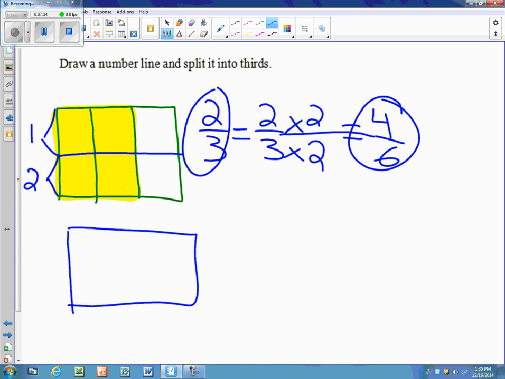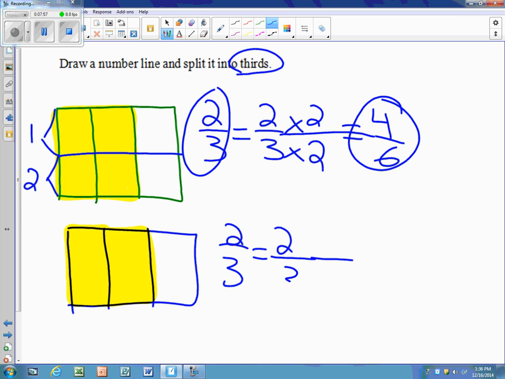So here is my square. We're splitting into thirds, which tells me to split into 3 pieces. We're going to shade in 2/3 again, because we're talking about 2/3 just because that's what I had told you. So we have our 2/3 again. We're going to figure out how to make some kind of an equivalent fraction.